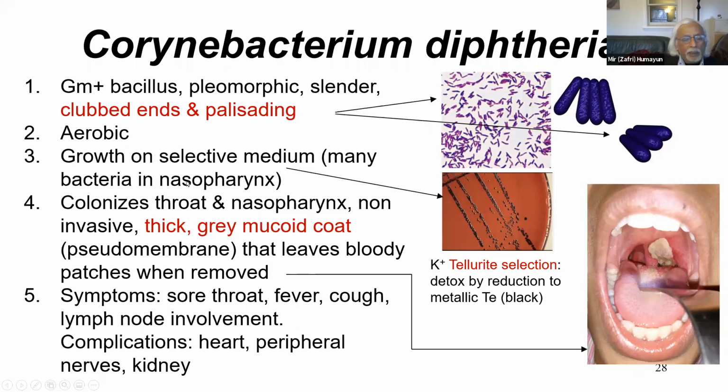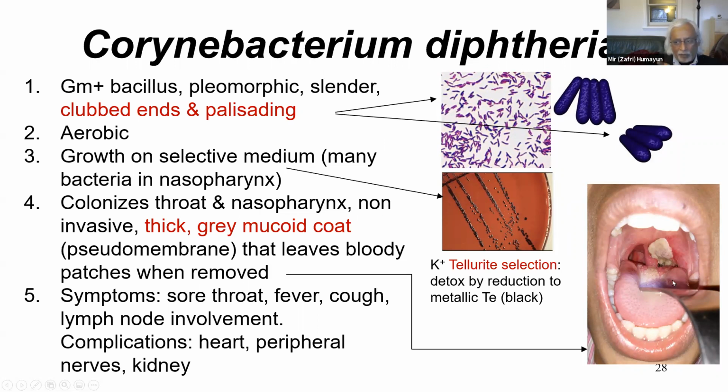When you streak a sample, a swab from a mouth, onto tellurite agar, most bacteria cannot form colonies, but Corynebacterium can form colonies, and those colonies are black in color because Corynebacterium can reduce the tellurite salt into the metallic tellurium, which is black in color.